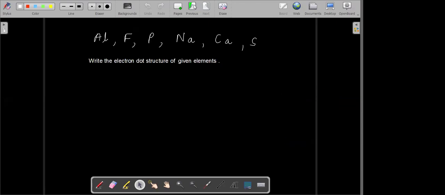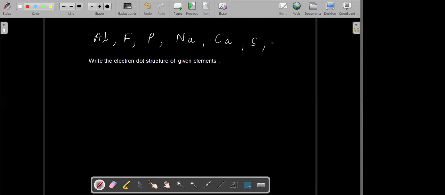You need to write down the electron dot structures of these. Also write for this also. I'm adding some more elements.